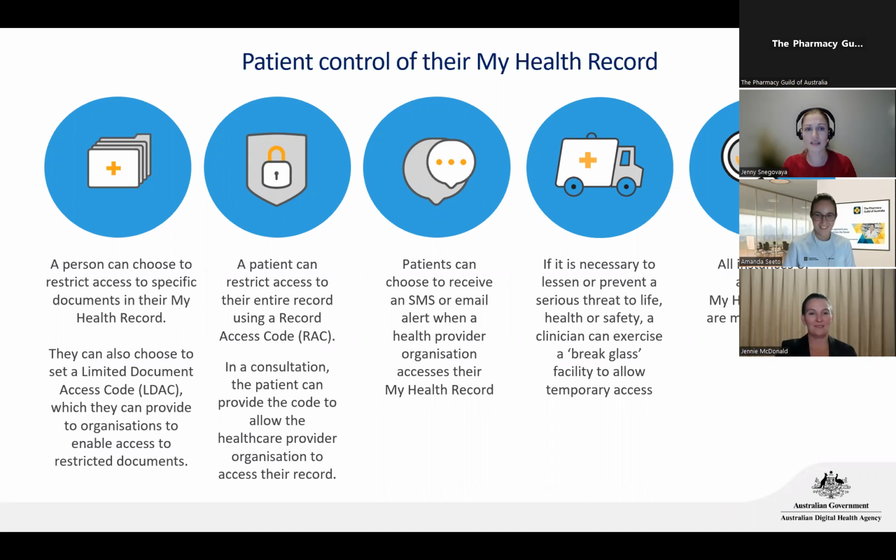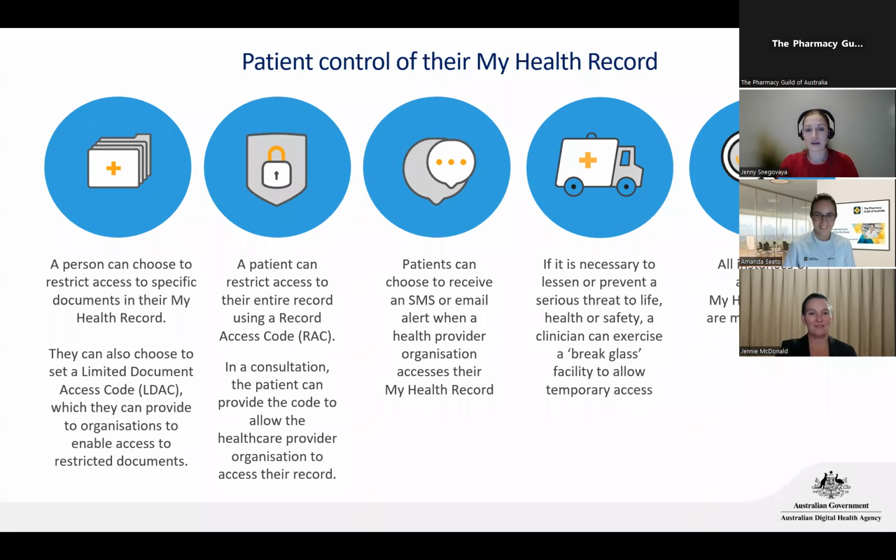So they can restrict access to their record. Again, they can set a record access code, and they can choose to provide that code to their healthcare provider, and it will allow that organization access to their record. And it's completely up to the patient to decide whether or not to provide any of those codes to their healthcare provider.